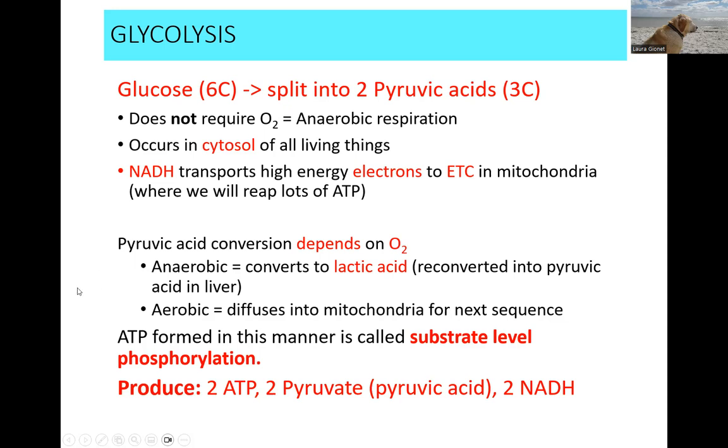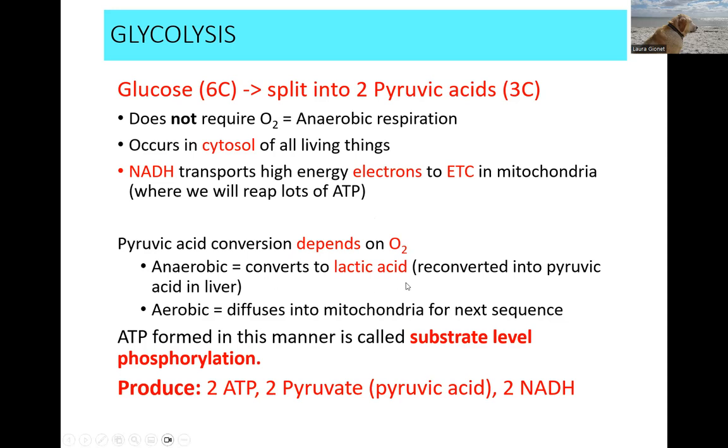Pyruvic acid conversion depends on oxygen. So we start with a 6-carbon, we end with 2 3-carbon chains. Now we have to go through this intermediate step where we are oxygen dependent. So if we want to convert that at all, we have to have oxygen, and then we enter into the mitochondria. If we don't have oxygen, like when you're exercising really strenuously and you start to go into anaerobic respiration, it's because you're building up lactic acid.